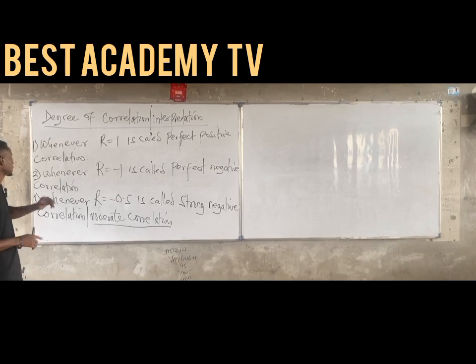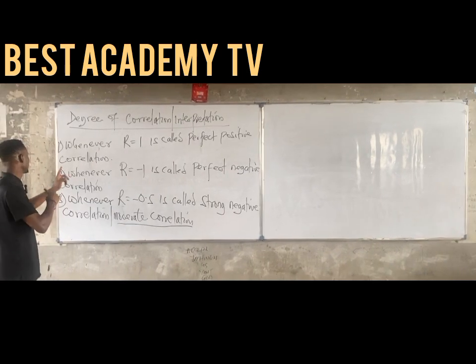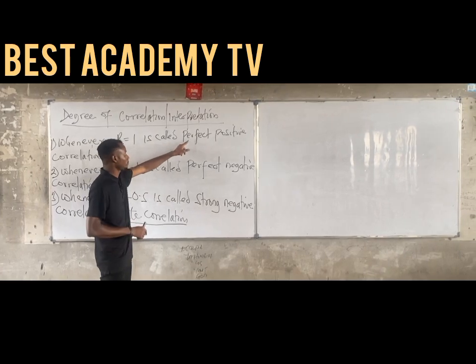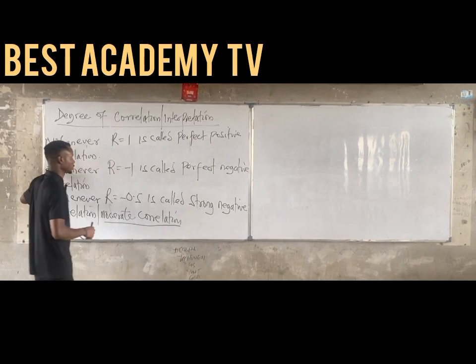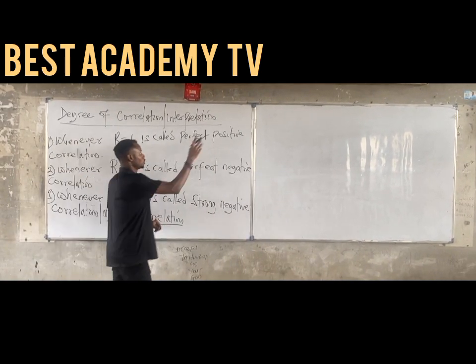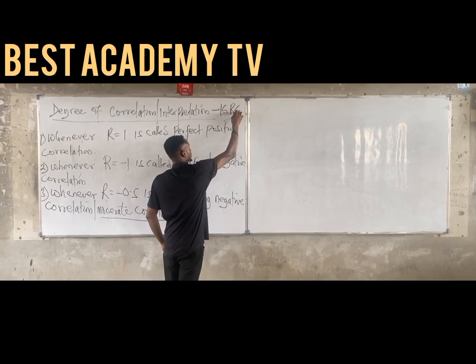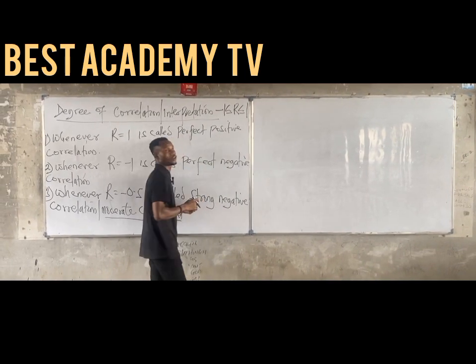All right, now let's go back here again. Listen, please. They say whenever r is equal to 1, it is called perfect positive correlation. Please remember that we are taking from here: minus 1 is less than or equal to r, which is less than or equal to plus 1. From here, we can now form all the values.